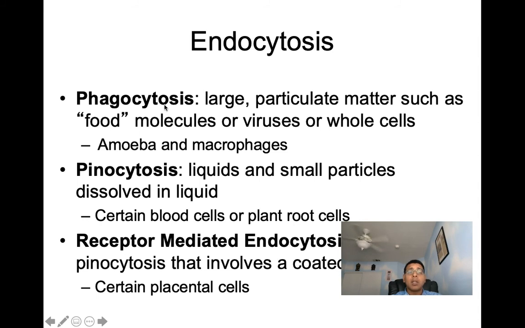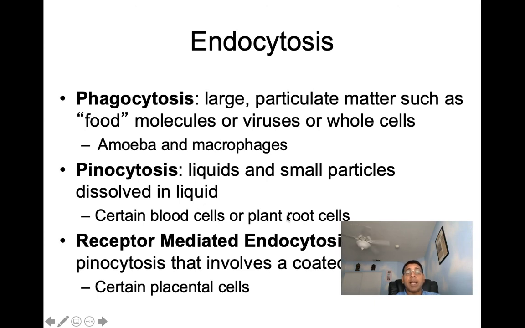Phagocytosis is a process that engulfs large molecules, particulate matter such as food molecules, or viruses, or even whole cells, like with amoebas and macrophages. Pinocytosis, you'll see liquids and small particles dissolved in liquid are going to be making their way in.